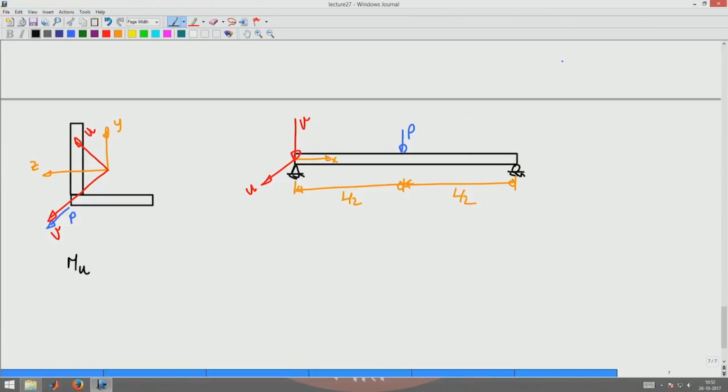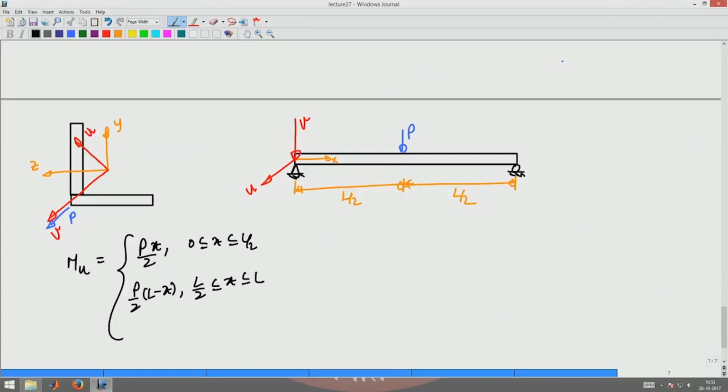The moment produces a Mu moment that will be P into x for 0 less than x less than L by 2, and P by 2 into L minus x for the bending moment in the region L by 2 less than x less than L.